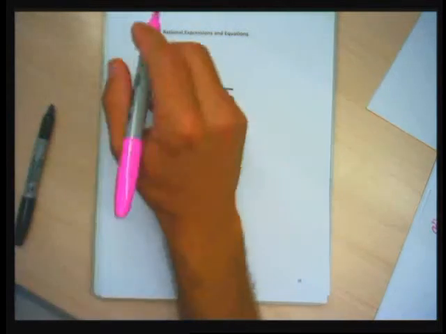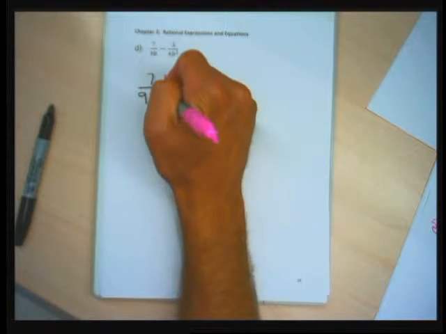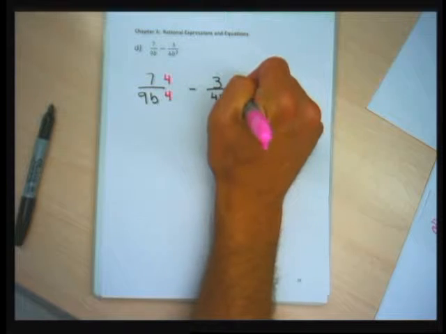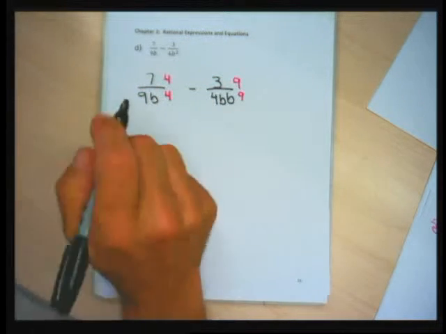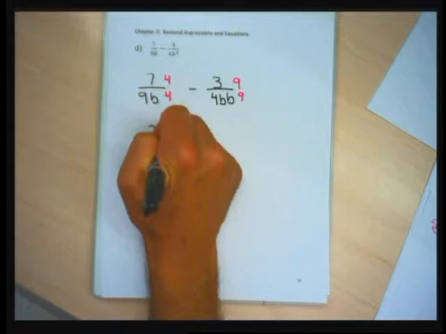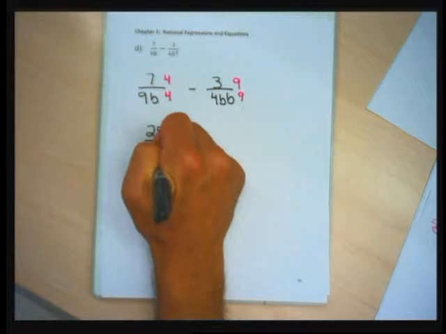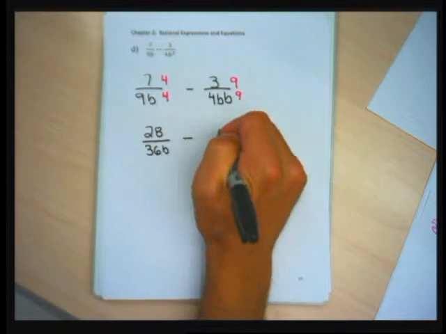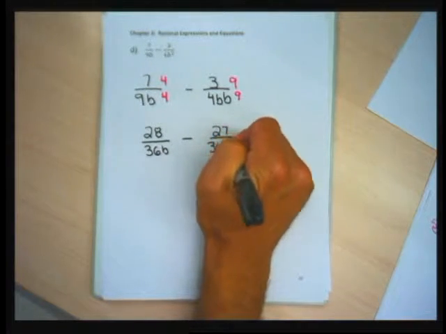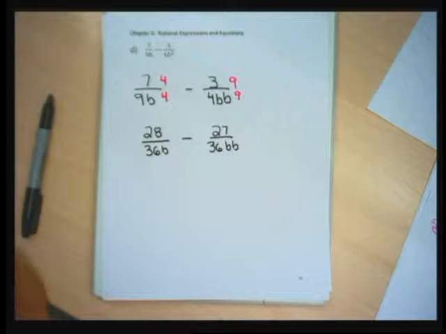So if I multiplied the first fraction by 4 over 4 and the second fraction by 9 over 9, that would get me started, but it wouldn't take me the whole way, because doing that would give me 28 over 36b minus 27 over 36bb, and those two fractions can't be subtracted because they don't have exactly the same denominators.